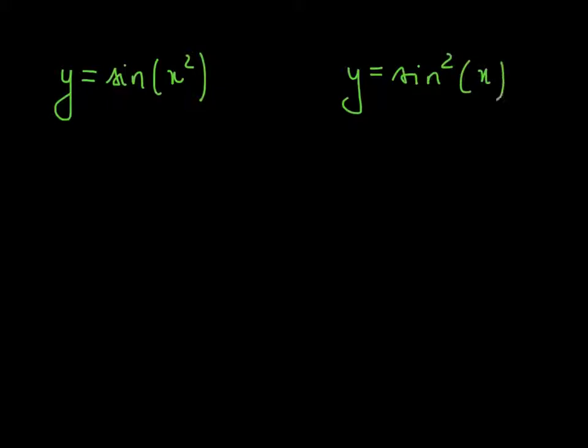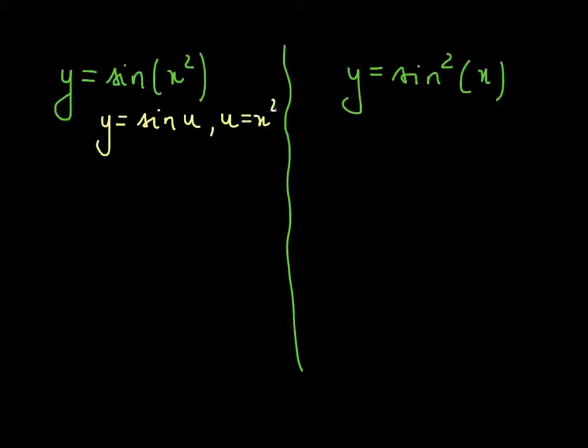Now, an interesting comparison is, how about if we want to differentiate the derivative of sine of x squared versus the derivative of sine square of x? In the first case, the formula that you use is y equals sine u, where u equals x squared.